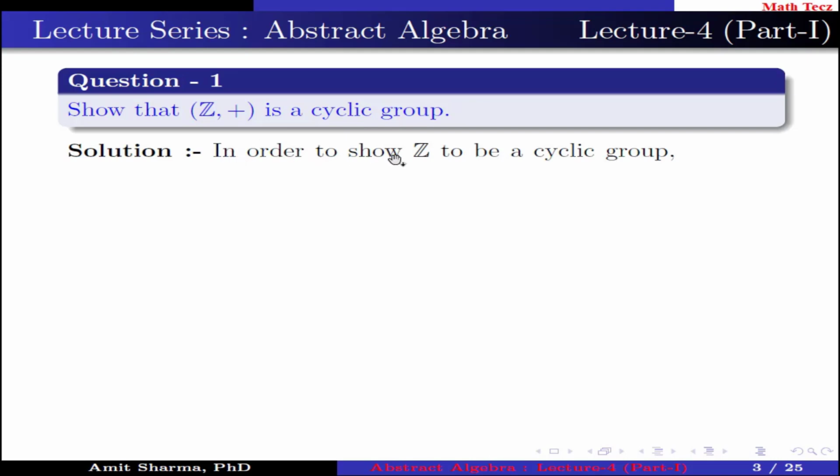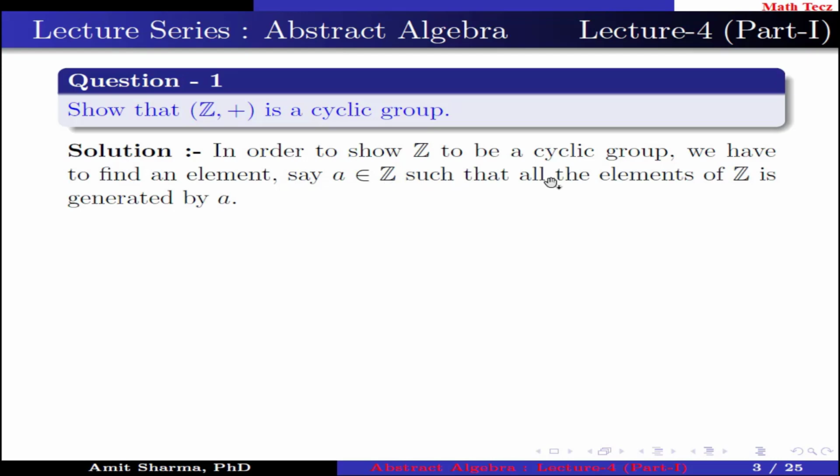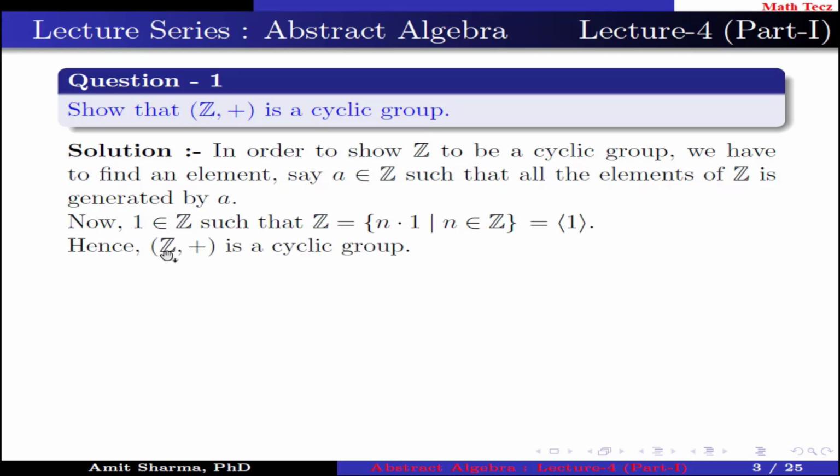In order to show Z to be a cyclic group, we have to find an element, say A belongs to Z, such that all the elements of Z are generated by A. Now 1 belongs to Z such that Z is equal to n into 1 such that n belongs to Z, means it is generated by 1. Hence, Z under addition is a cyclic group. Question 1 is an example of an infinite cyclic group.